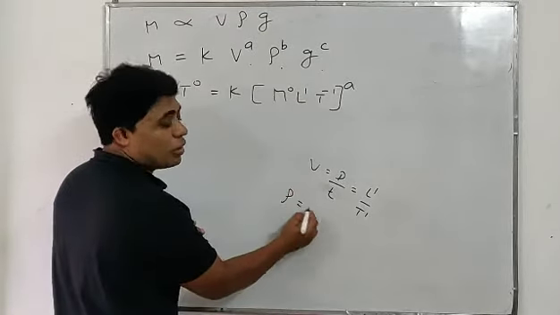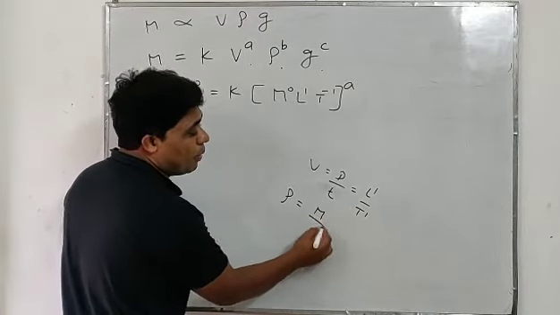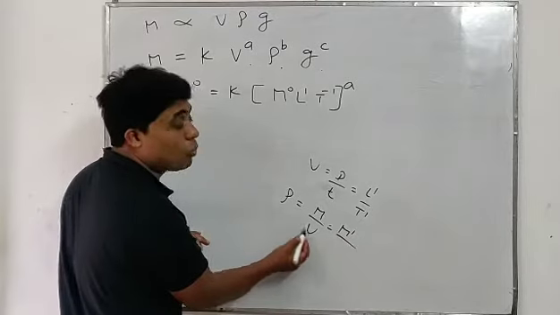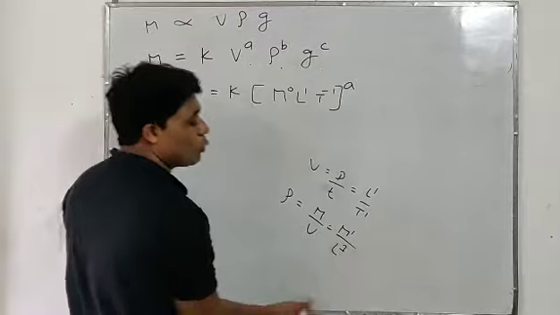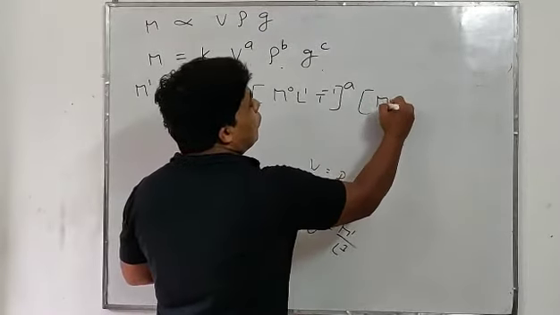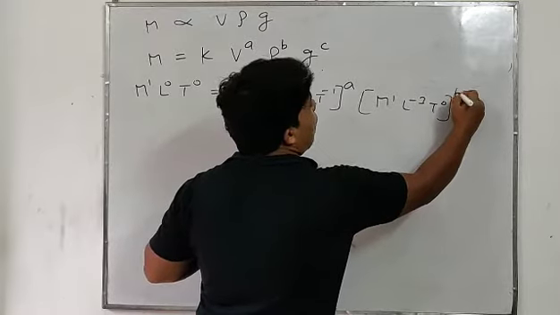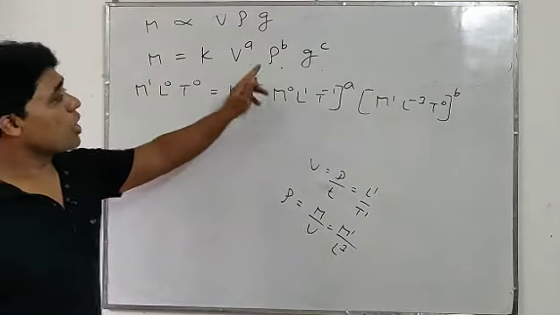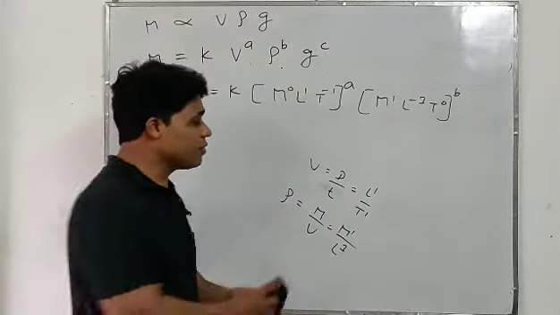Rho is density. Density is mass by volume. Mass is M1, volume is length into breadth into height, L into L into L, L cube. So it becomes M1 L minus 3 T0, power b. I just put the dimension of mass, velocity, and density that we found previously in the previous video.